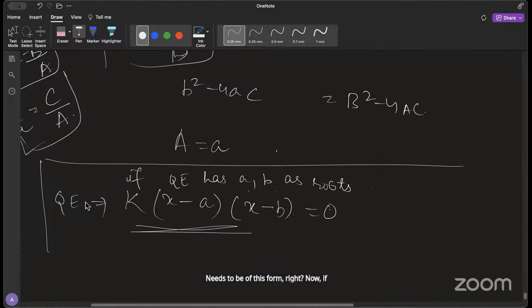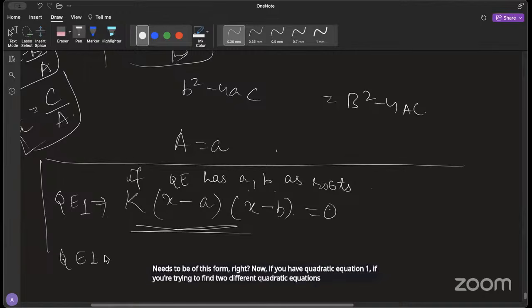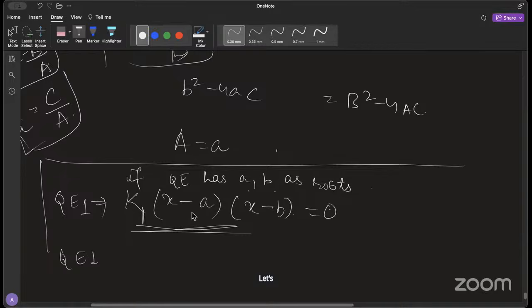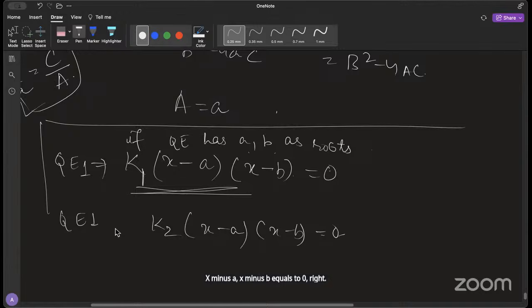Now, if you're trying to find two different quadratic equations, this is quadratic equation 1. Let's call it k1, x minus a, x minus b equals to 0. Then the other one will be k2, x minus a, x minus b equals to 0. Do you see that these two equations will only vary in a constant?